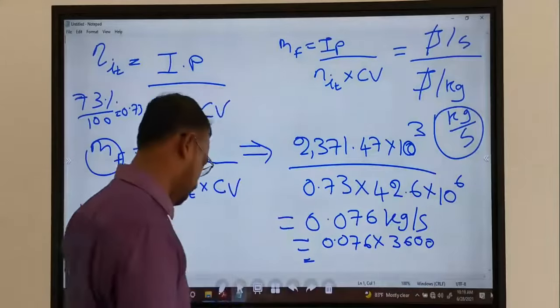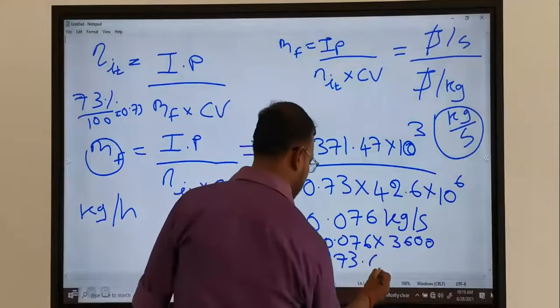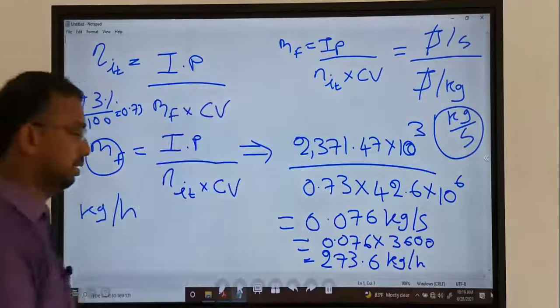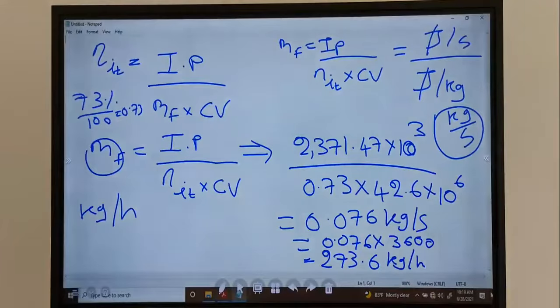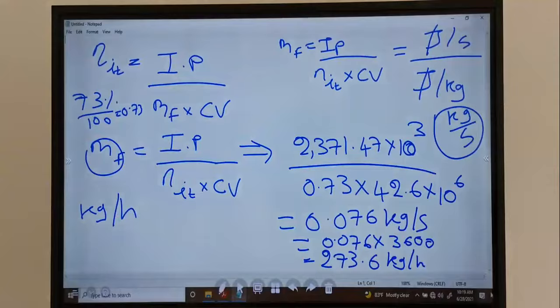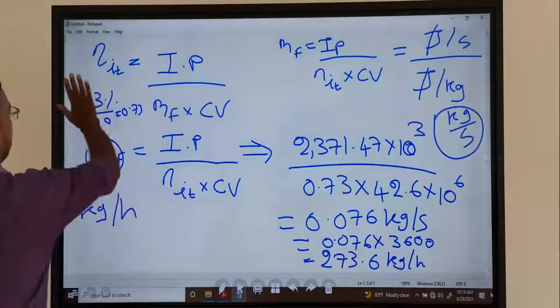So the answer is 273.6 kilogram per hour. So this is the answer, the mass of the fuel supply. Clear? Here the units cancel, so it comes to kilogram per second, the easy equation. So we change it to kilogram per hour.